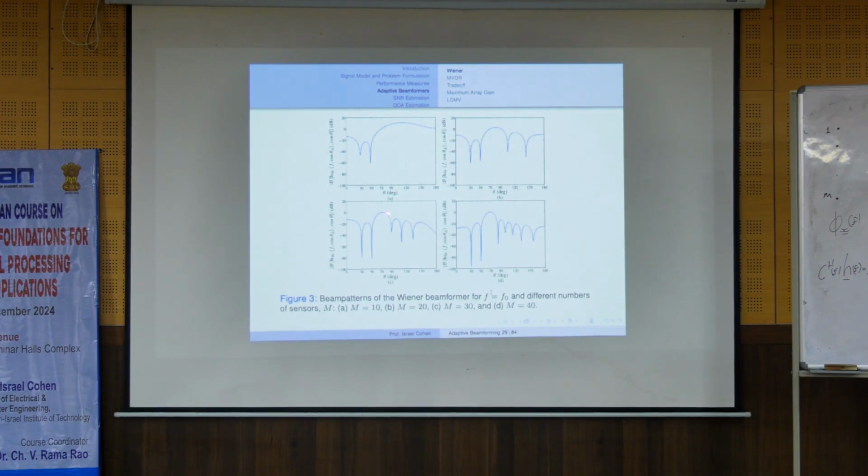But why did we also get that the width of the main beam decreases? It makes sense because there are no other sources. We assume that the desired source comes from this direction, 70 degrees.